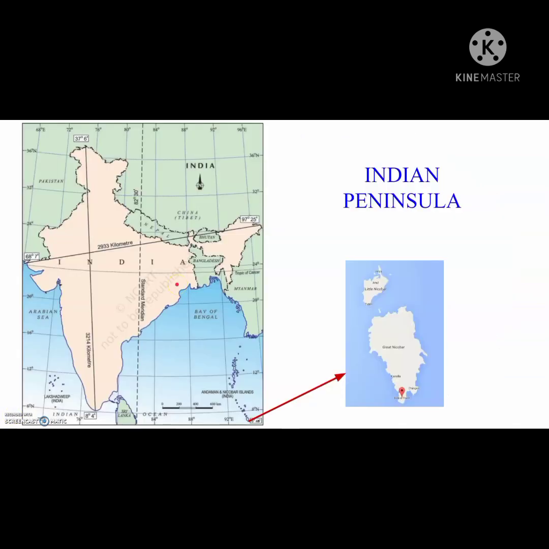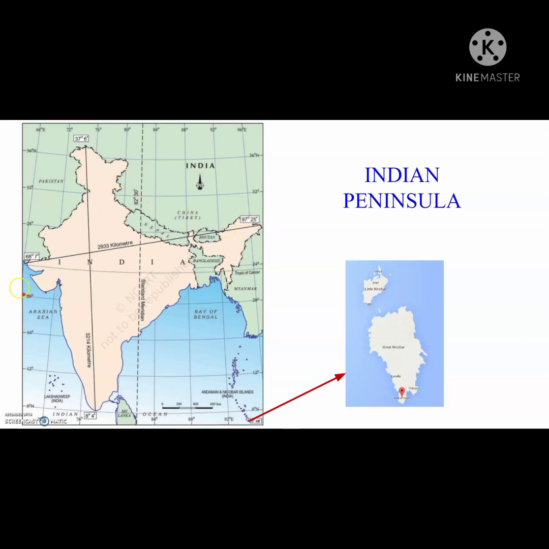The mainland of India extends between latitudes 8 degrees 4 minutes to 37 degrees 6 minutes north and 68 degrees 7 minutes to 97 degrees 25 minutes east longitudes.